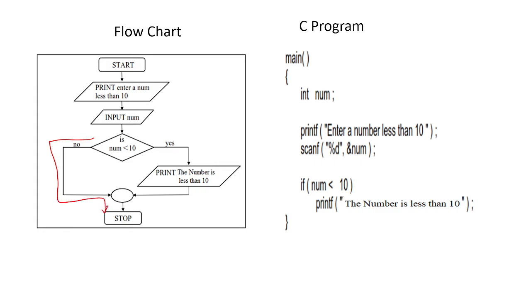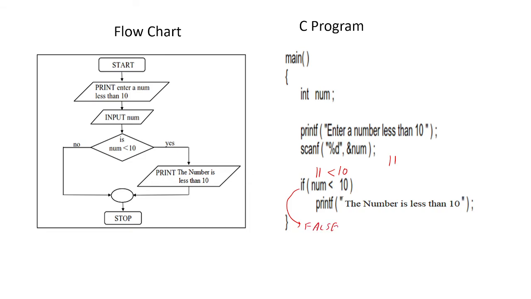Likewise, in the C program, if the number entered through the keyboard is 11, it will check whether 11 is less than 10, and as this condition is false, it will come out of this if.